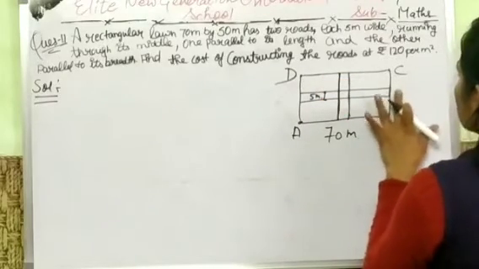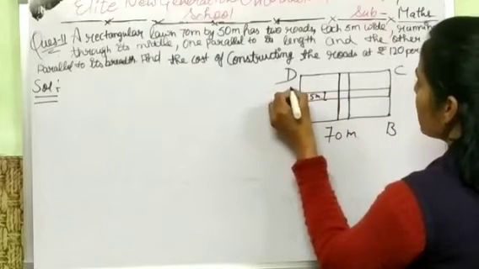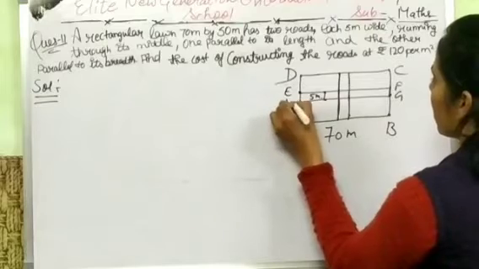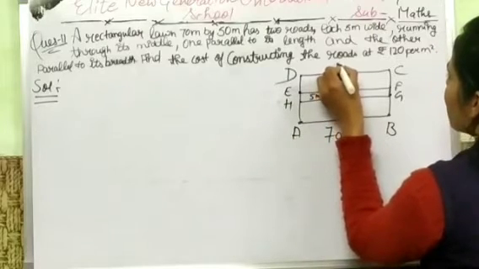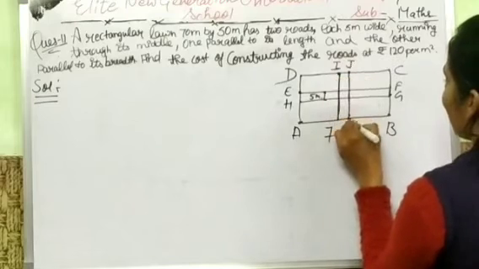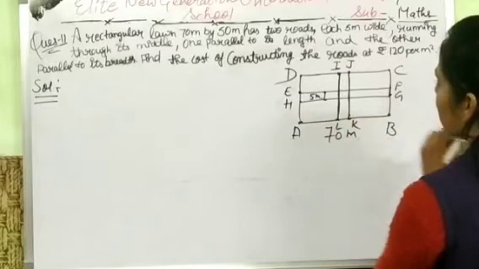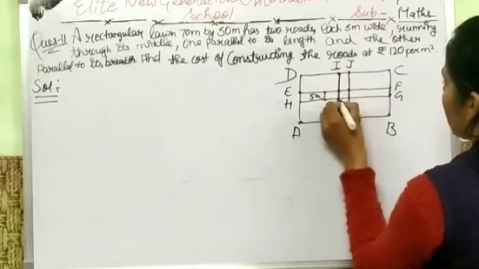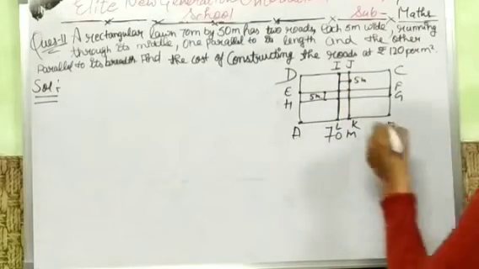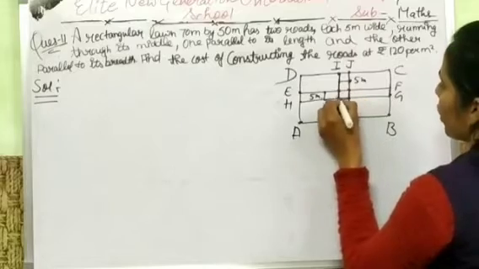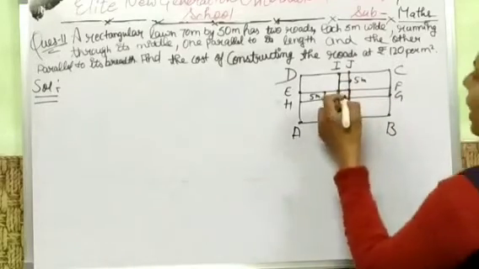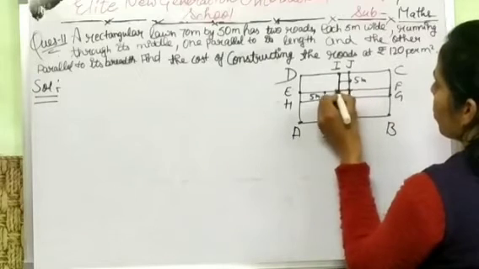This one is EFGH, and this road is IJKL. And this width is 5 meter also. But you can see here we got this square area, square path, so name it also, MNOP.